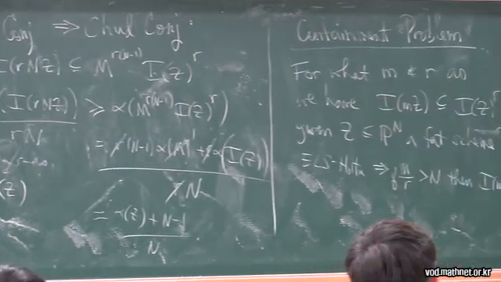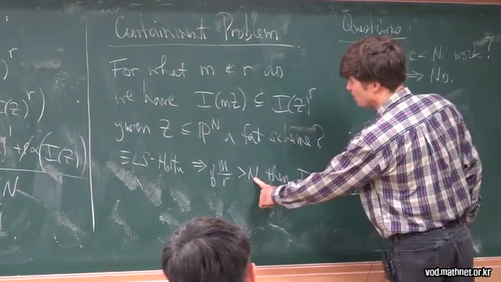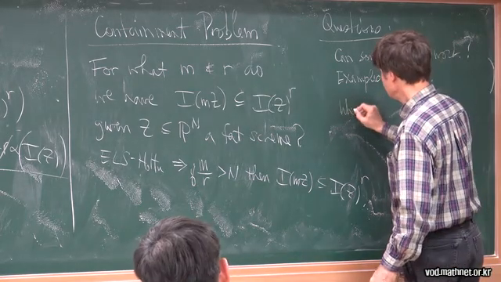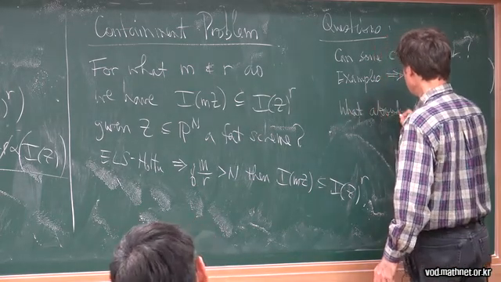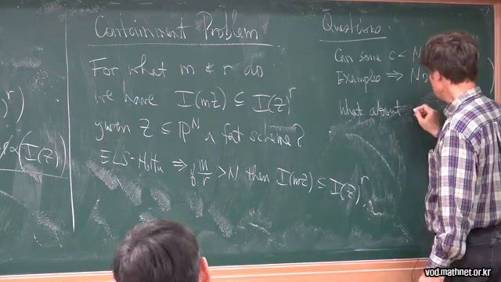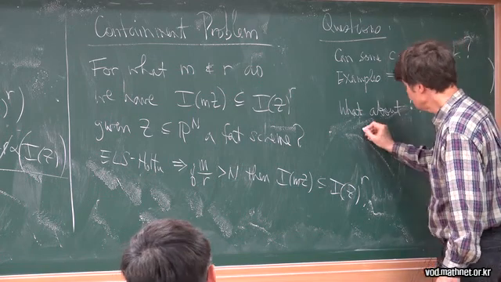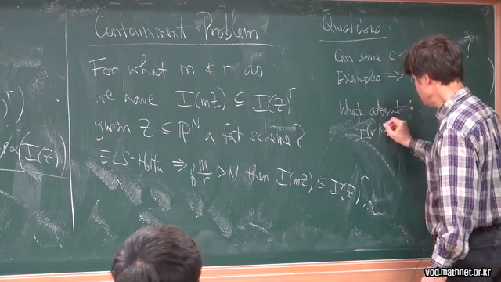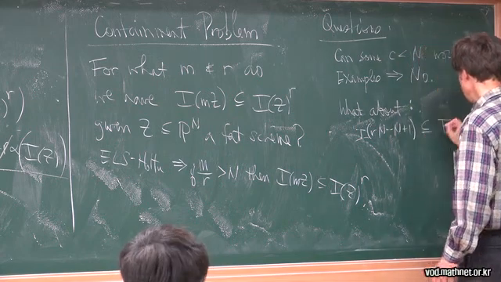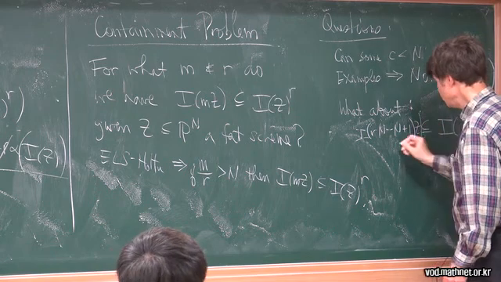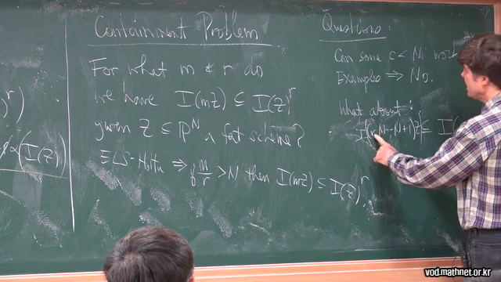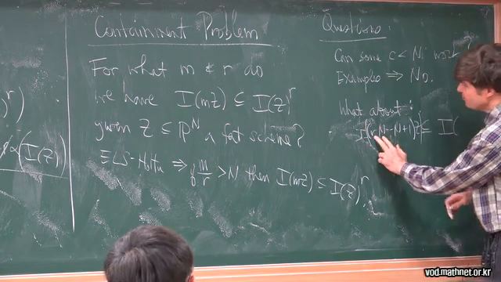So the first idea was, suppose we make N smaller. Does that work? And the answer is no. So what about, instead of a multiplicative constant, instead of taking r times N times Z, what about subtracting a little bit off of r times N?